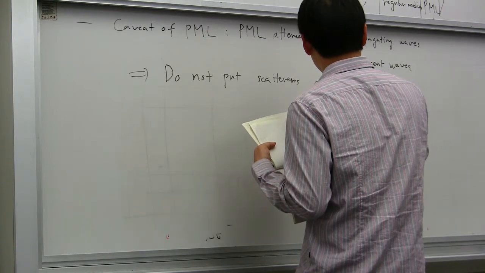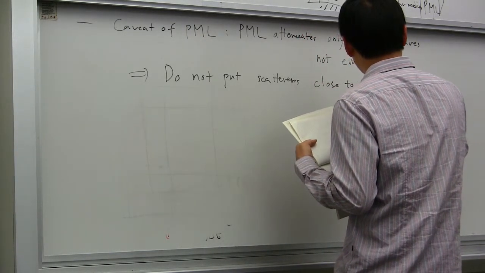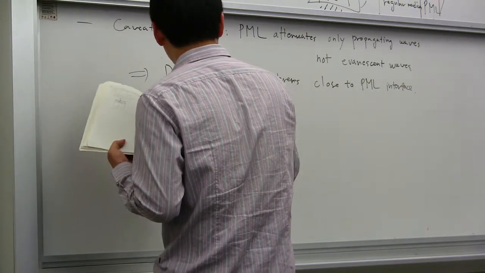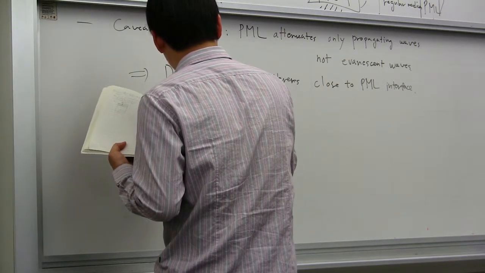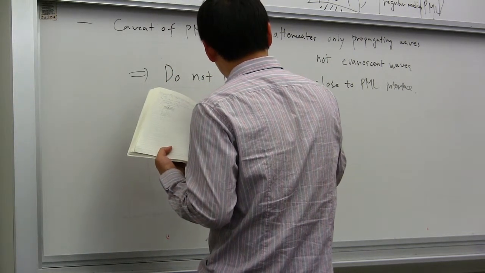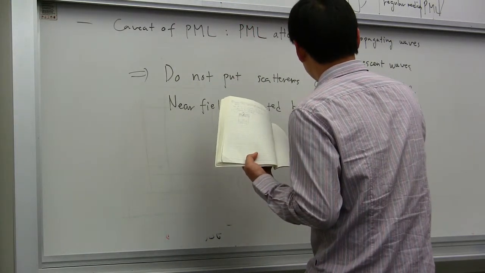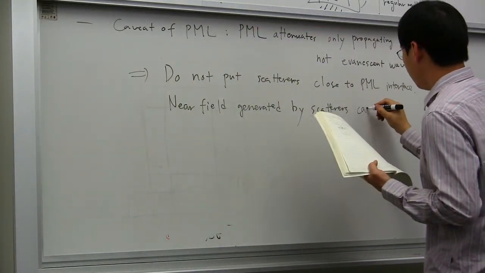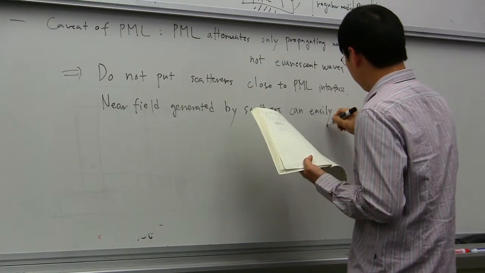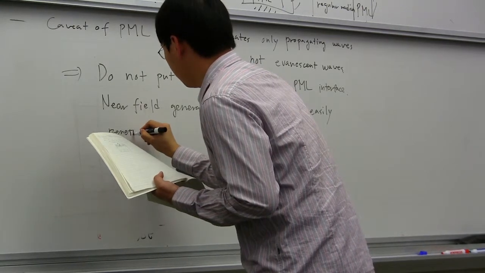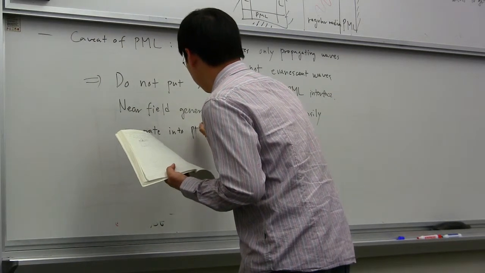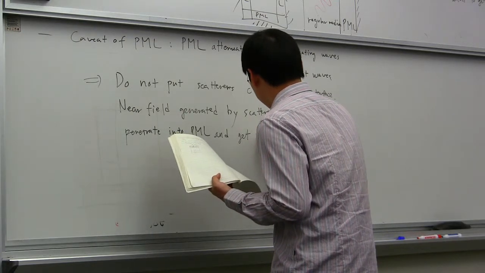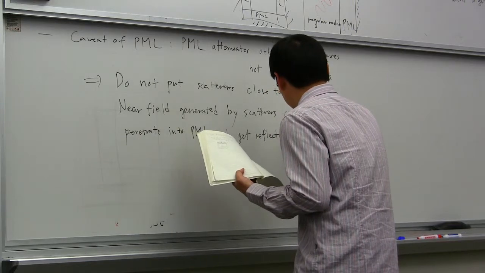If you put the scatterer close to the PML interface, the near field generated by the scatterers can easily penetrate into the PML and be reflected at the true boundary.